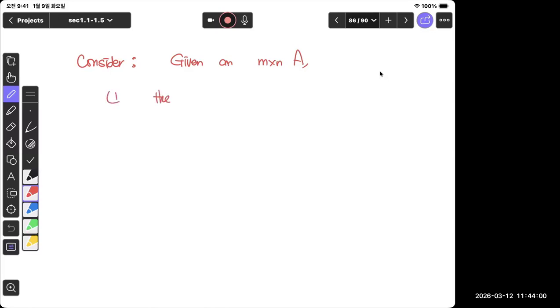The first claim: the set of pivot columns is linearly independent. So for example, you can check this, right?